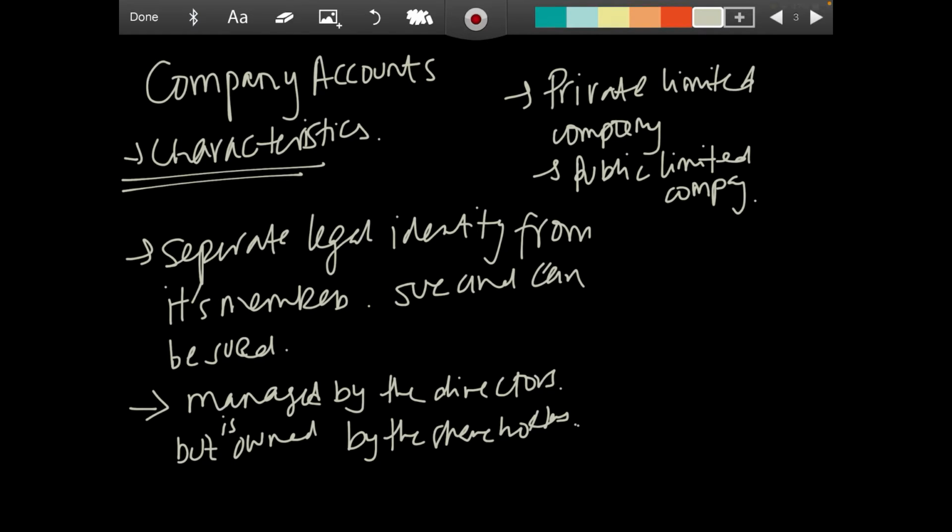Private limited companies do not sell their shares to general public at large, but public limited company is listed on the stock markets and anyone can buy shares from there, but that's not the case with the private limited company. This can come in a theory question, that what is the difference between a private limited company and a public limited company. So now you know the answer to that.